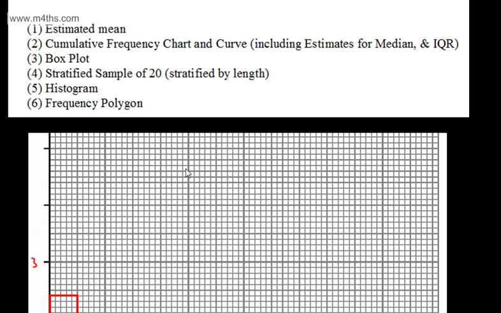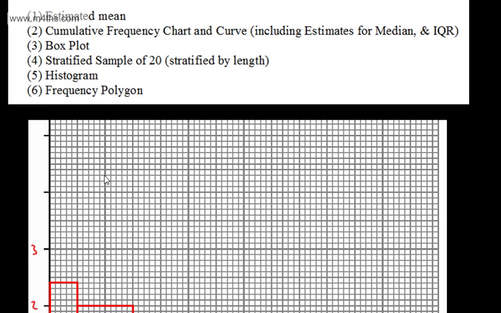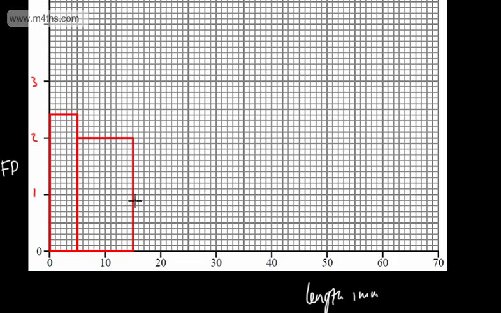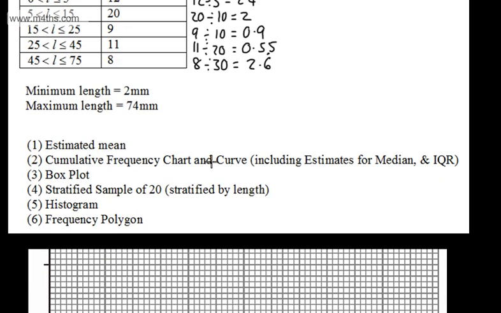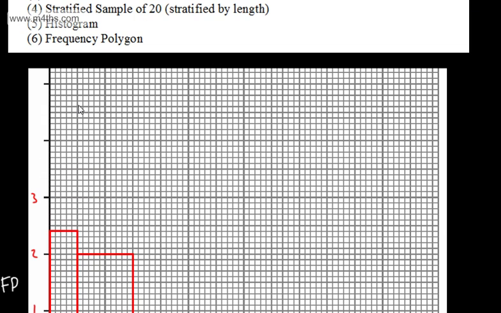So that looks pretty good. The next one, we've got a frequency density of 0.9 and a class width of 10. So 0.9, and we need to go from this point right here, and that will take me out to 25. So that looks somewhere like so, and that's 0.9. If we look at the next one, 0.55, and that's from 25 to 45.